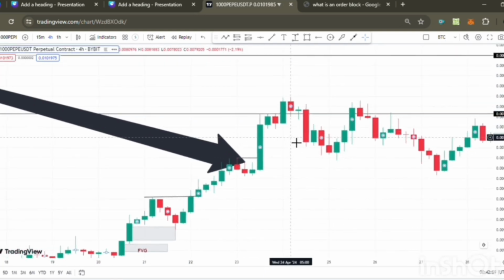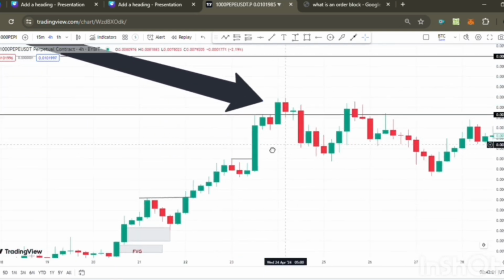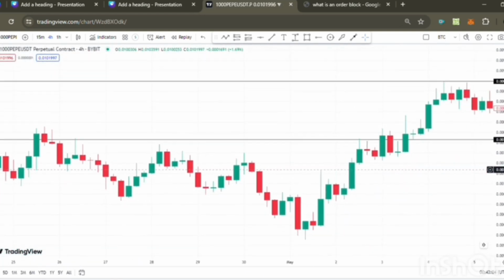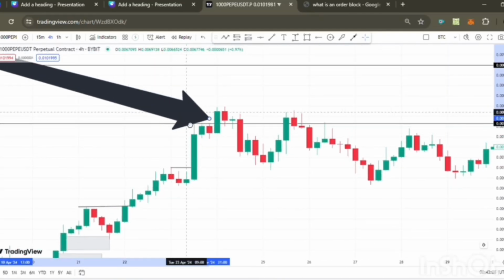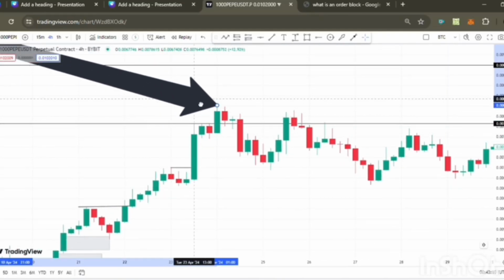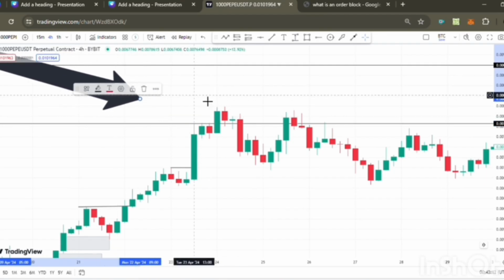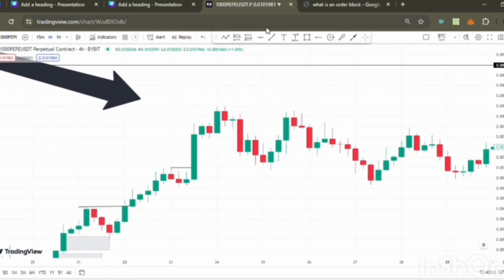Now it gets to this point. The market does not make any break of structure here. Okay, we have another one here. This is another break of structure. Minor break of structure here.